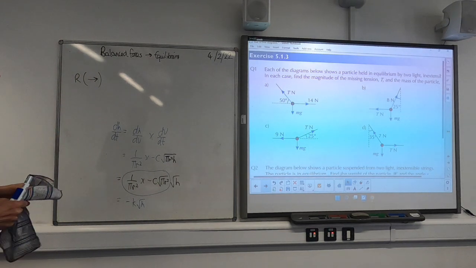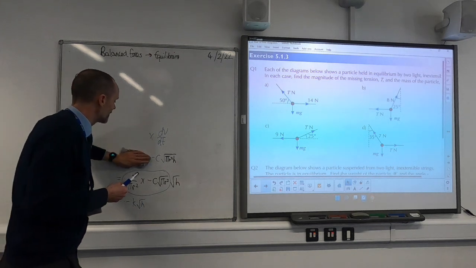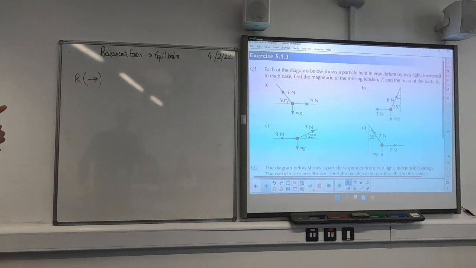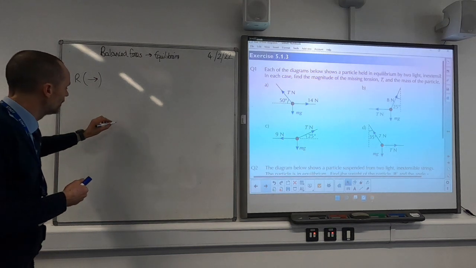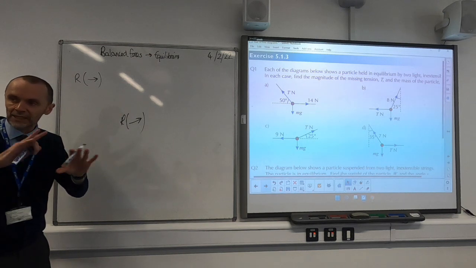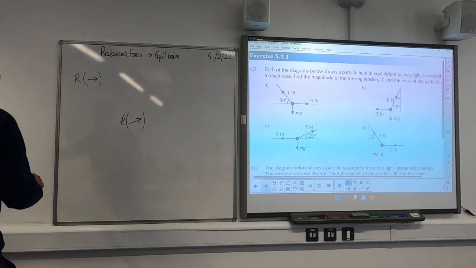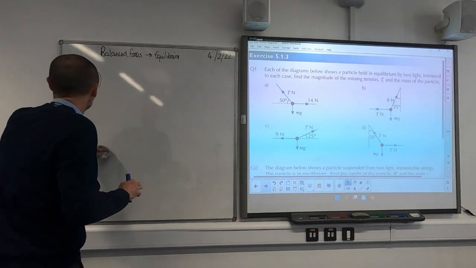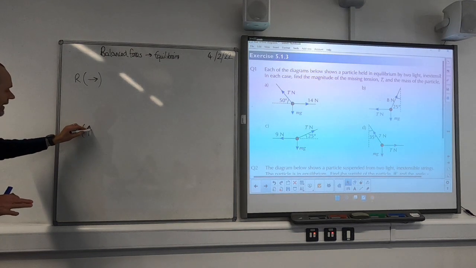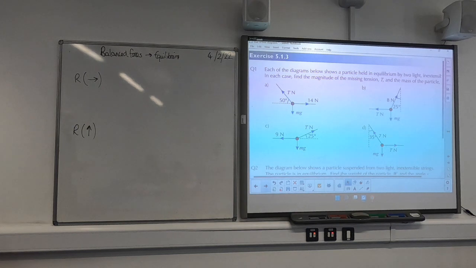When we're dealing with things like this, we tend to resolve horizontally and vertically, but I could resolve in any direction I want. If this thing is in equilibrium, if I resolved at an angle of 14.78 degrees, I'd still find everything was balanced. We don't, because that would be crazy. We choose sensible directions. So I'm going to resolve horizontally and I'm going to resolve vertically.